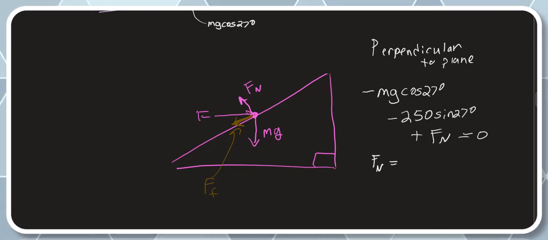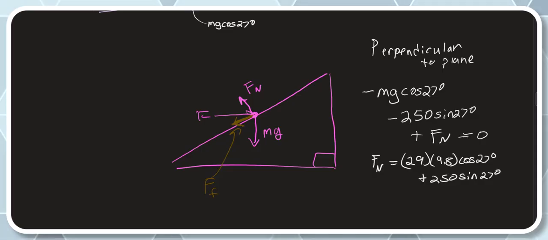So our normal force is going to be m, which is 29, times 9.8 cosine 27 degrees plus 250 sine 27 degrees, and that is 367 newtons. So that is our normal force.